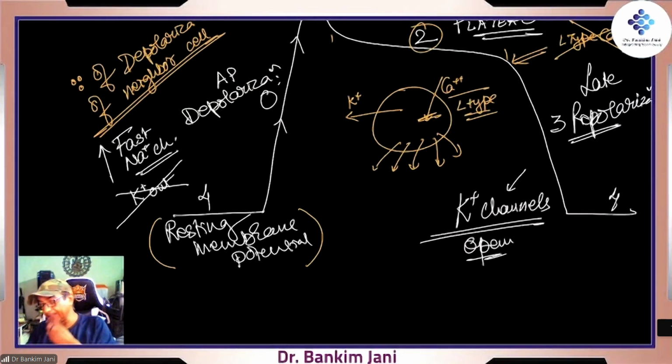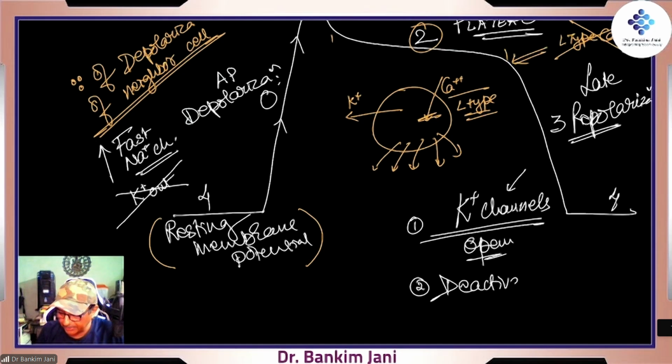Now over here in this late repolarization, we'll study that during arrhythmias. There are several types of potassium channels. In late repolarization, all of them open, so it is like a free flow. So they open, that is one. And then there is deactivation of L-type calcium channels.